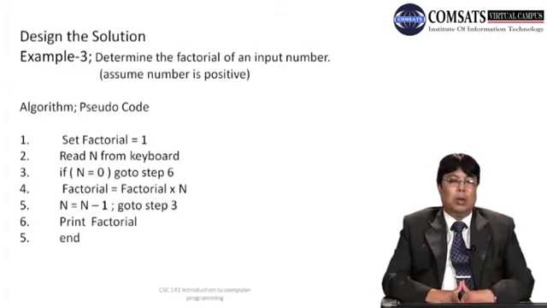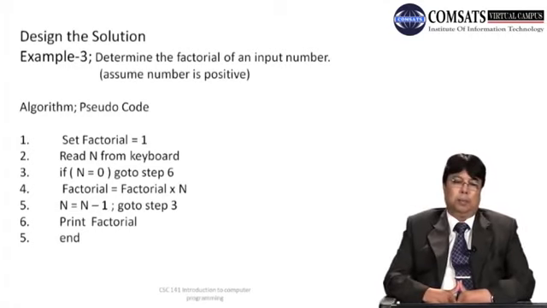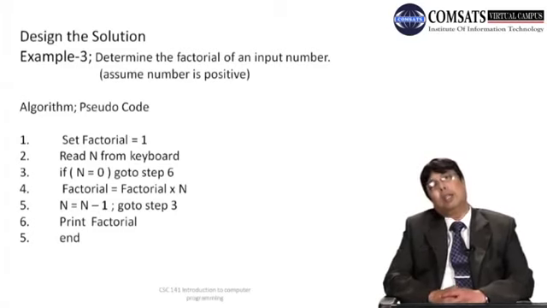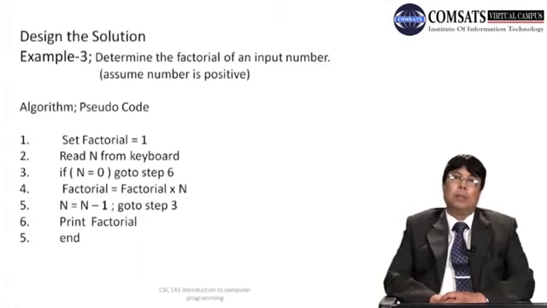But if it is not 0, it has some higher value, then we say factorial is equal to factorial multiplied by n. So you multiply it, you know the initial value of factorial was 1, and you have multiplied it now with n. Then next step, n is equal to n minus 1.